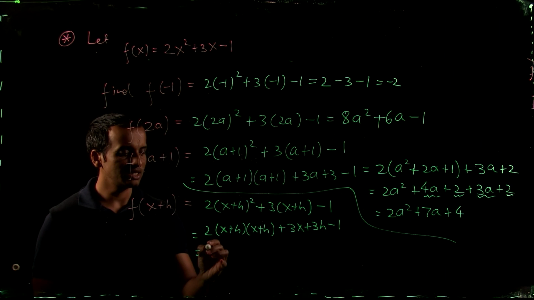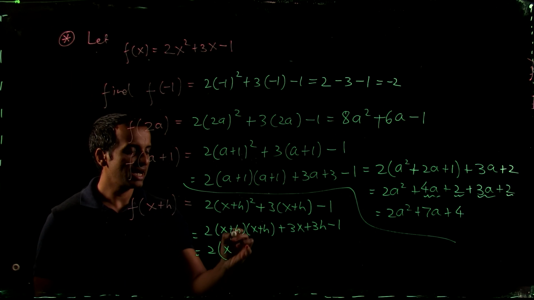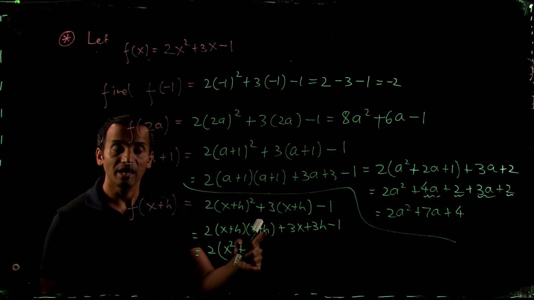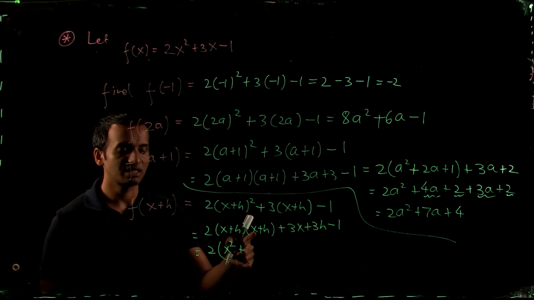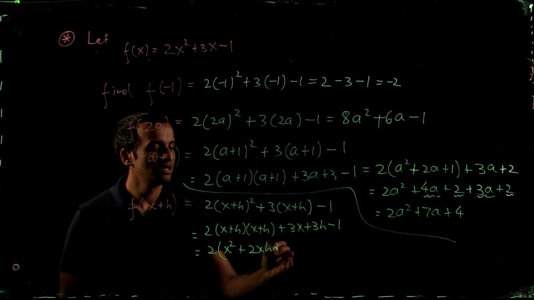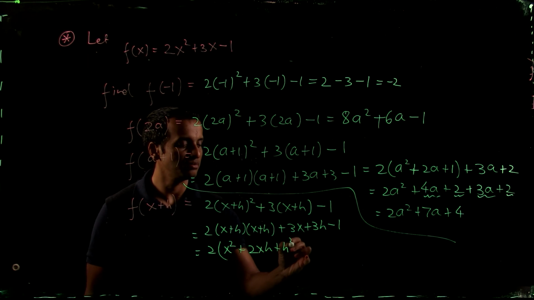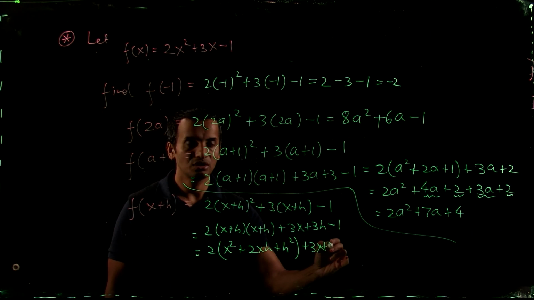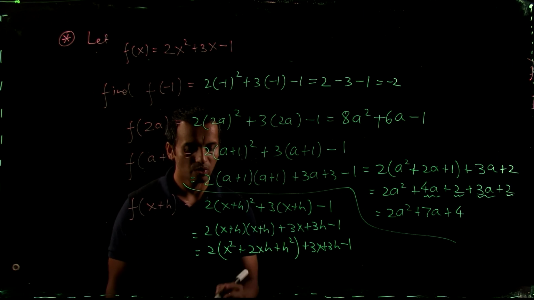You FOIL this, you will get 2 times x squared plus xh, and h times x is again xh, so it will be 2xh, plus h times h is h squared, close the parenthesis, and then plus 3x plus 3h minus 1.